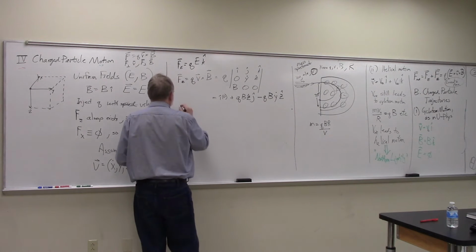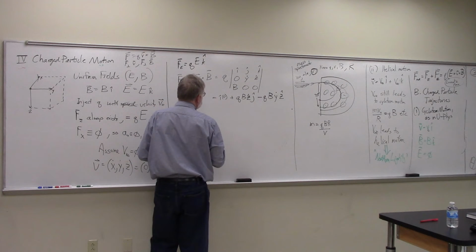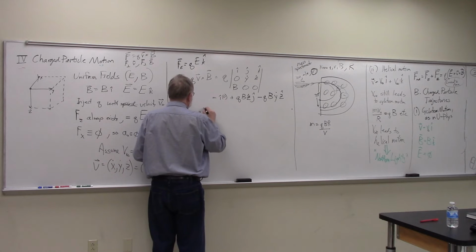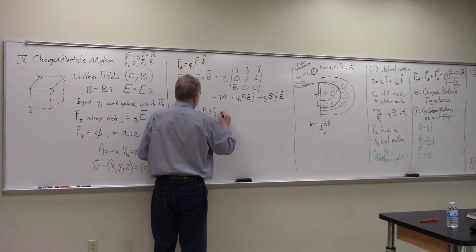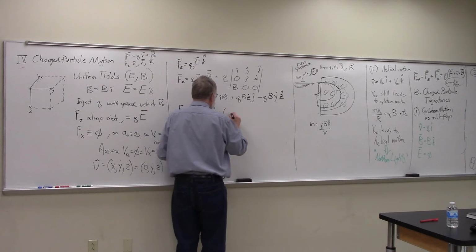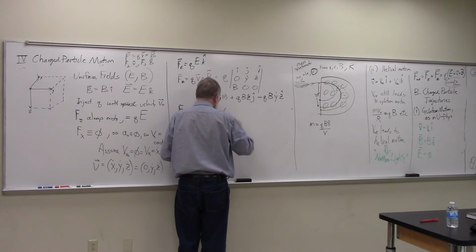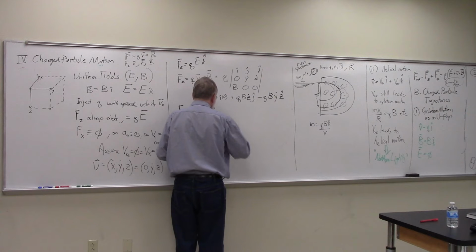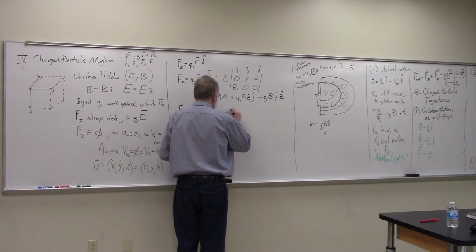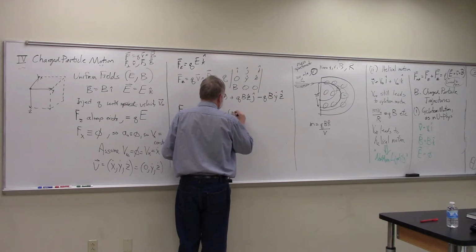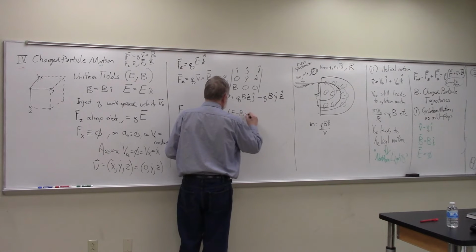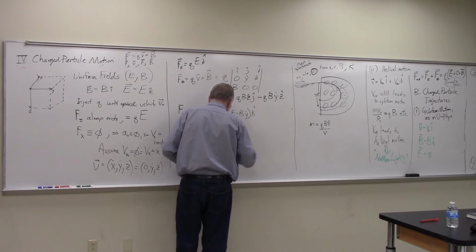So the grand total force is going to be Q, E, Z dot in the J direction plus, let's factor the Q right there, Q times E minus B y dot in the K direction.